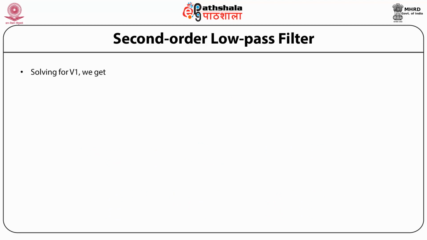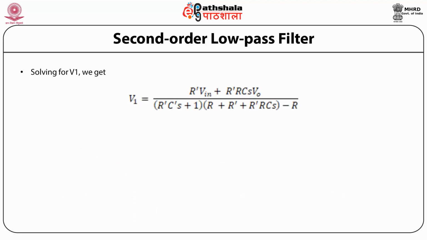Solving for V1, we get V1 to be equal to R prime into Vn plus R prime into Rc into SV naught divided by within the brackets R prime C prime S plus 1 brackets close into within the brackets R plus R prime RCS brackets close minus R.